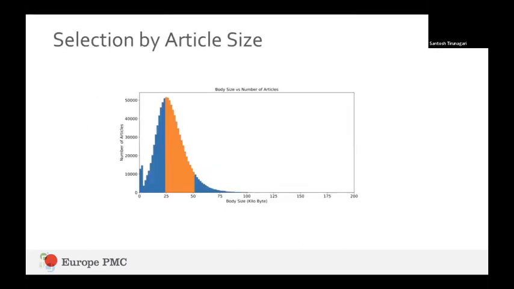And we also wanted to further go through the subset and select fewer articles from them. That's where we came up with article size based selection.